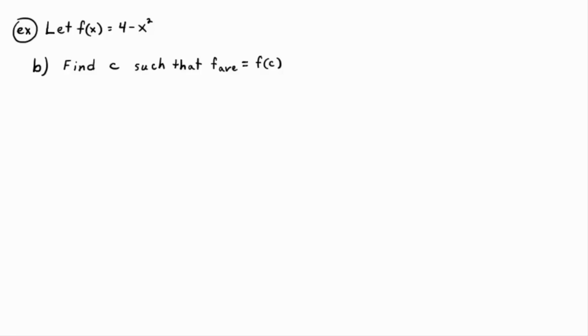So the idea is, using the function notation, f of C is 4 minus c squared, isn't it? So if f of x is 4 minus x squared, f of c is 4 minus c squared. Just playing with what the function notation means, substitution. And then the idea would be, let's set that equal to whatever we got for f average.